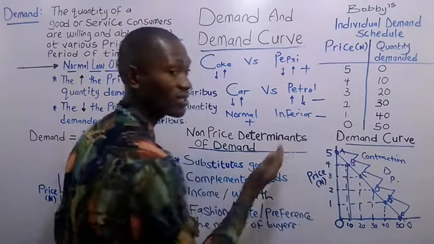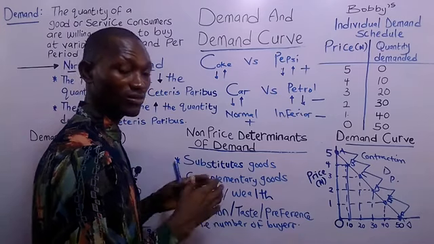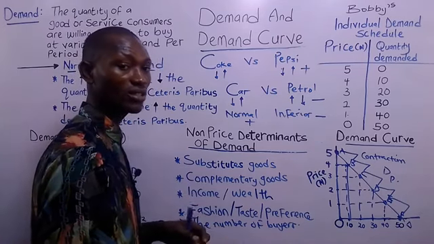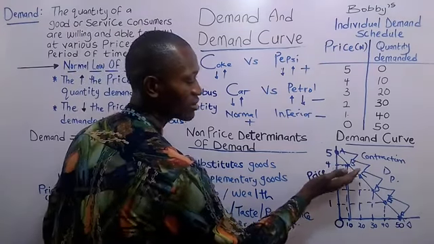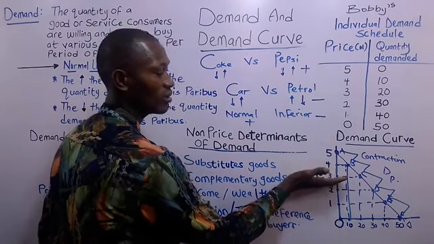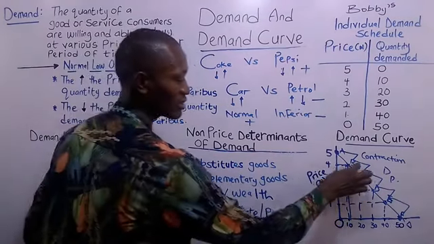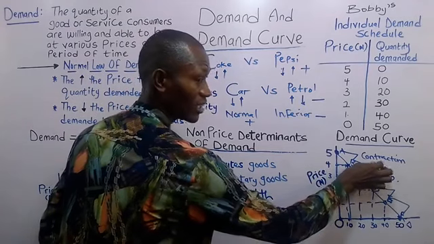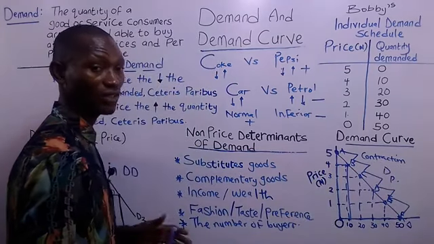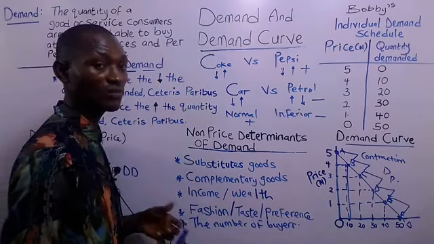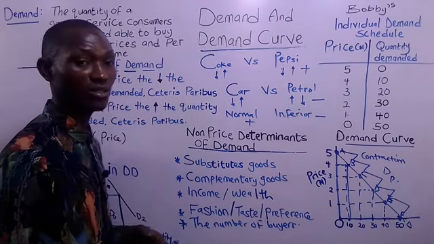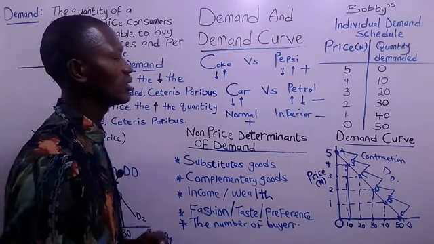And upward movement means a decrease in quantity demanded, and that is because the price of the commodity in question rises, and that is also called contraction. That's a decrease in the quantity demanded for that commodity as a result of the change in the price of the commodity in question.